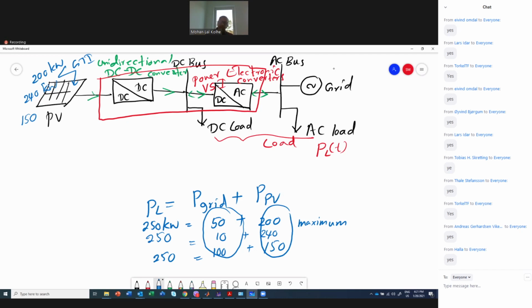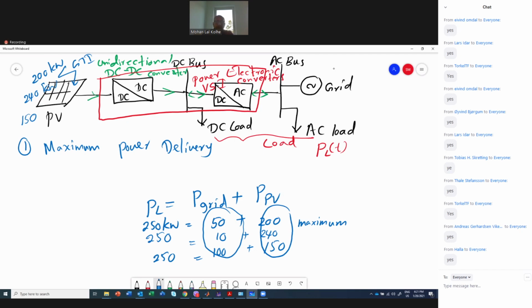So this operation is known as maximum power delivery, because the control strategies related with this topology will differ from the topology that I'm going to discuss after a while.